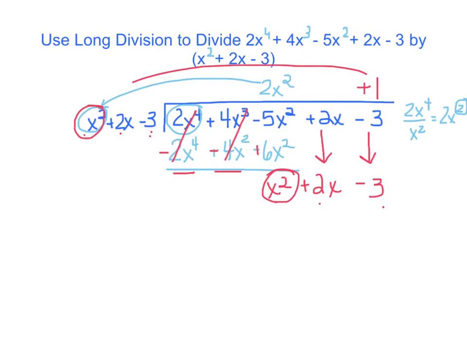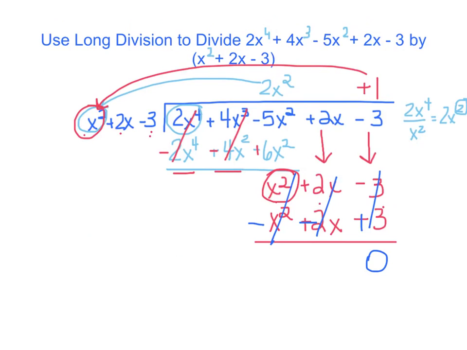I'm going to multiply that 1 by all 3 terms, so 1 times x squared is x squared, 1 times 2x is 2x, 1 times negative 3 is negative 3. I'm going to subtract these, and notice what happens. Everything cancels out to be 0. So my answer here is 2x squared plus 1. Since there's no remainder, I end with 2x squared plus 1.